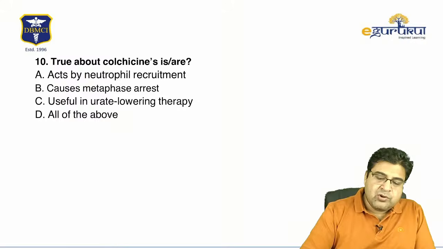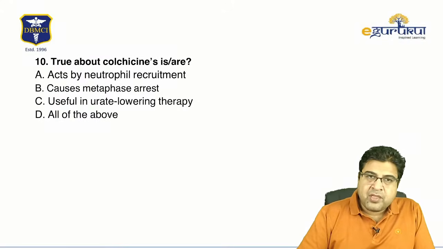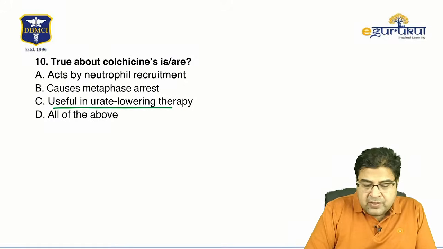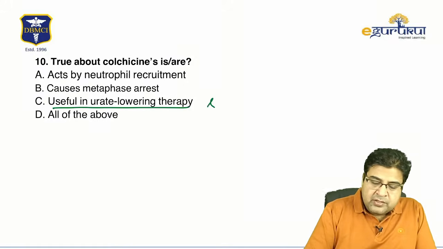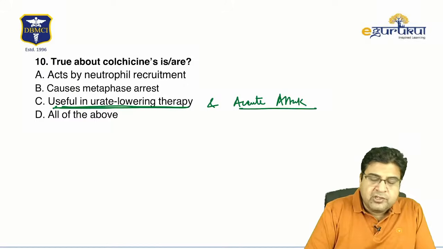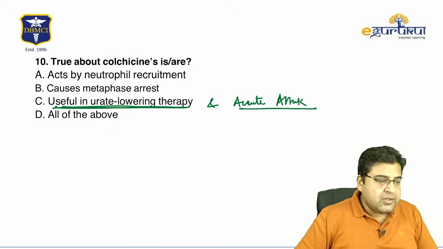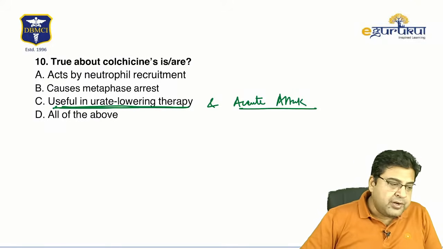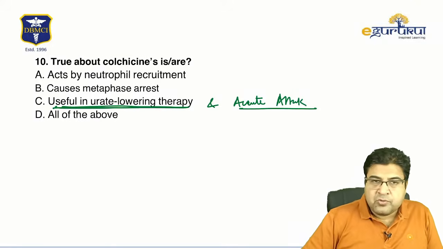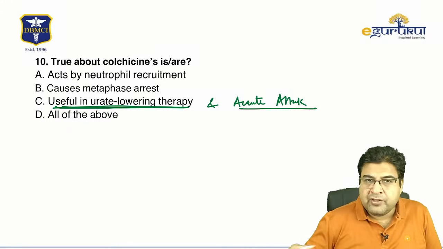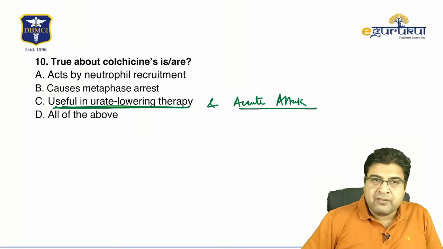Question number 10, guys, colchicine, we have discussed already. This medicine is an anti-inflammatory drug. I told you this is given for acute attack because it's an anti-inflammatory medicine. Plus, it is also given with urate lowering drugs to prevent the inflammatory attack.